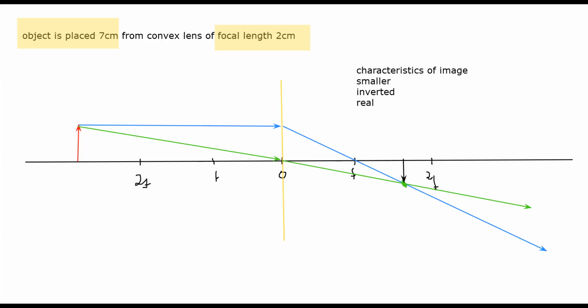So another example, an object of height 2 centimeter is placed 2 centimeter from convex lens of focal length 3 centimeter.